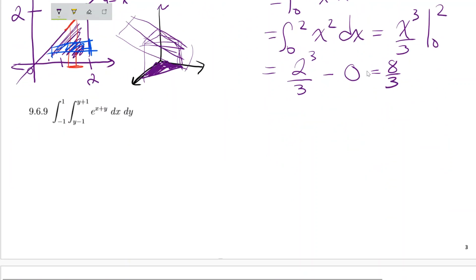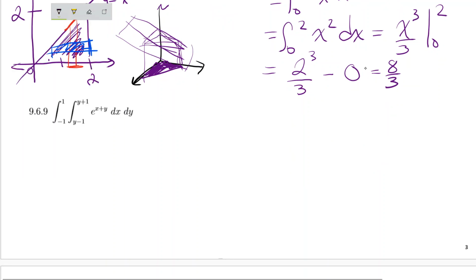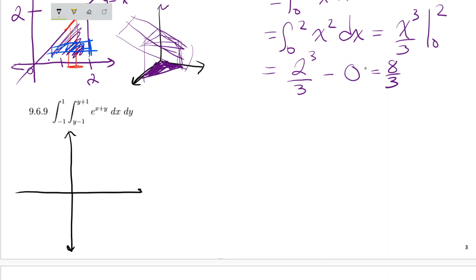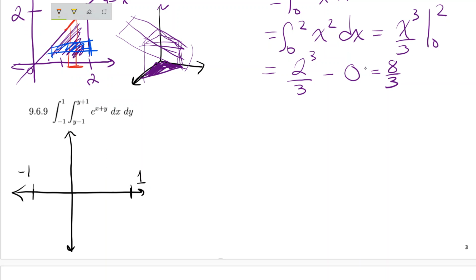Oh boy. Okay. Let me draw you this one. So in the x direction we go from -1 to 1. So I gotta make sure I fit that in here. -1 to 1. And then in the y direction we have, oh, that's kind of horrible.